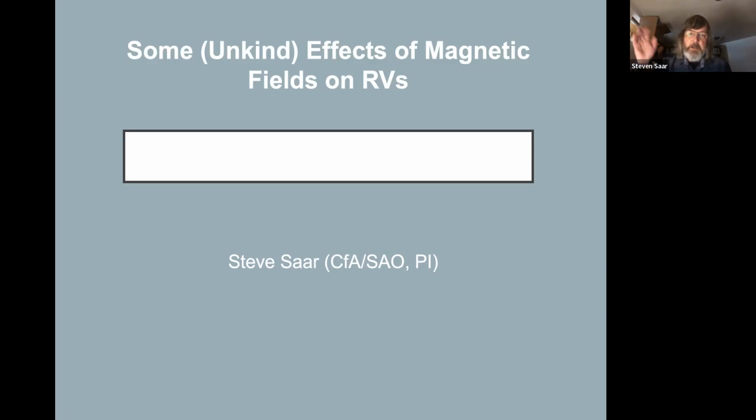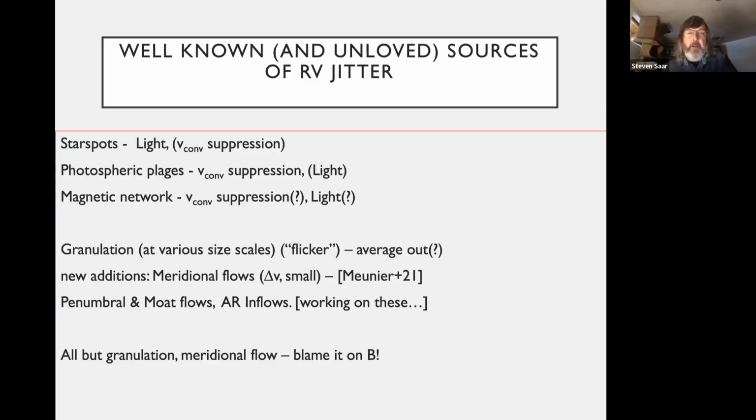Okay, hi everybody. I'm Steve Saar, and I'll be talking about all the problems magnetic fields, or only some of the problems magnetic fields give us to our RVs, on top of all the things we already know about.